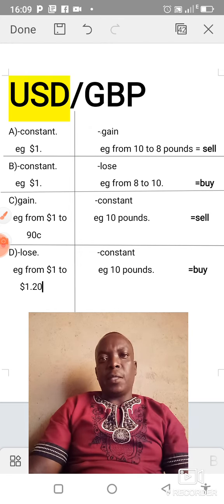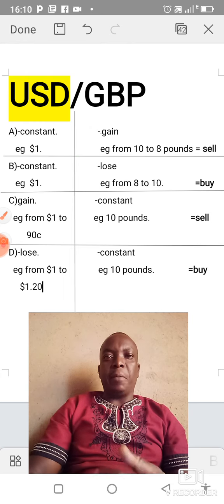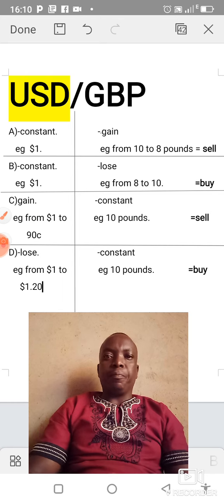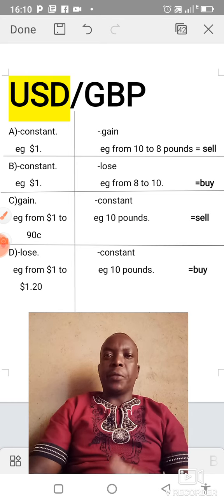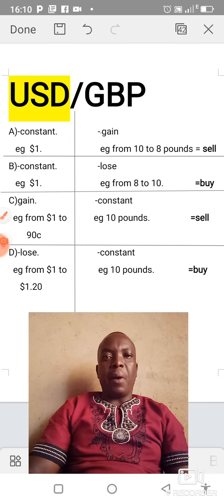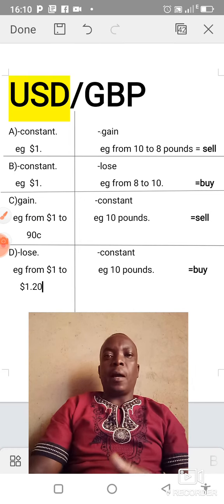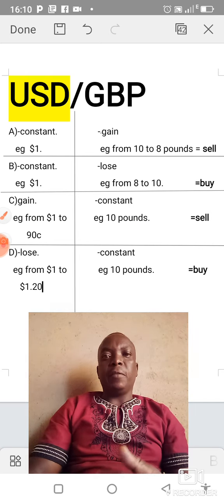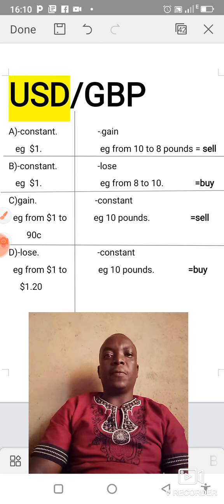Moving on to the third situation. The base currency, our USD, gains in value from, let's say, $1 to 90 cents. Initially a single dollar was exchanged for 10 pounds, but as the US dollar gains in value, we are now required to pay only 90 cents for 10 pounds.